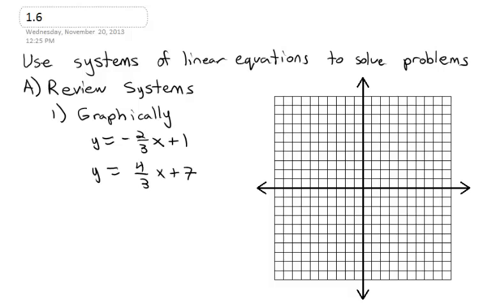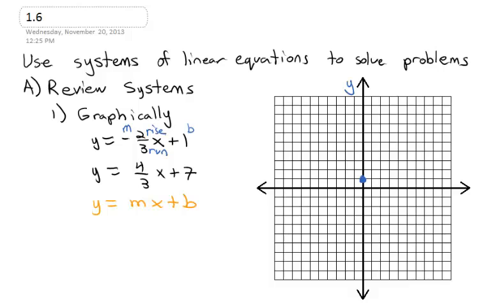So let's graph it. I got this graph here. We're going to remember that slope-intercept form from a couple days ago, y equals mx plus b. We're going to start at b, the starting point. So b, the y-intercept for this first line, is 1. So put a dot at 1 on the y-axis. And then the slope m is rise negative 2, run 3.